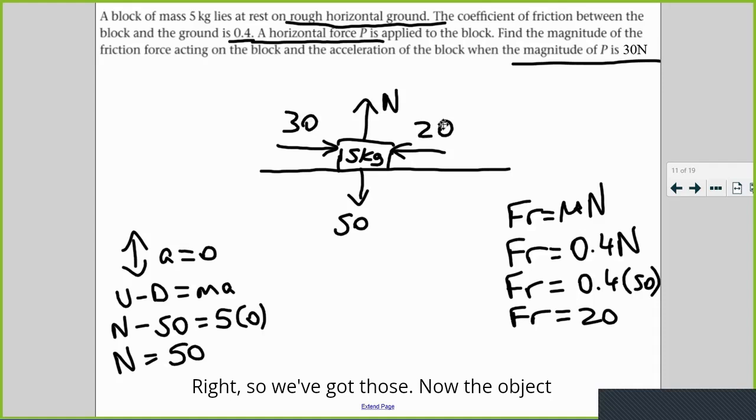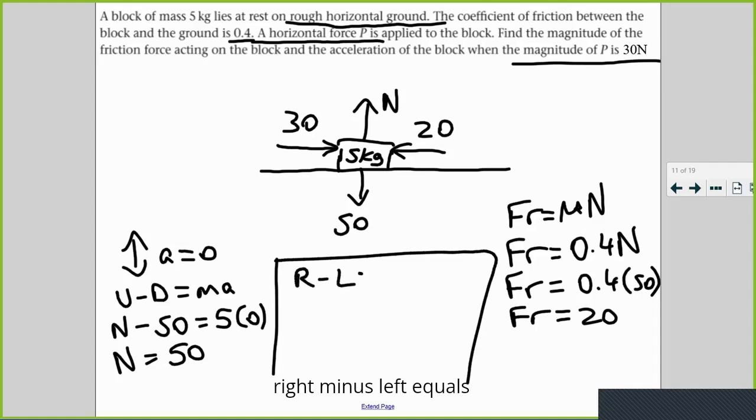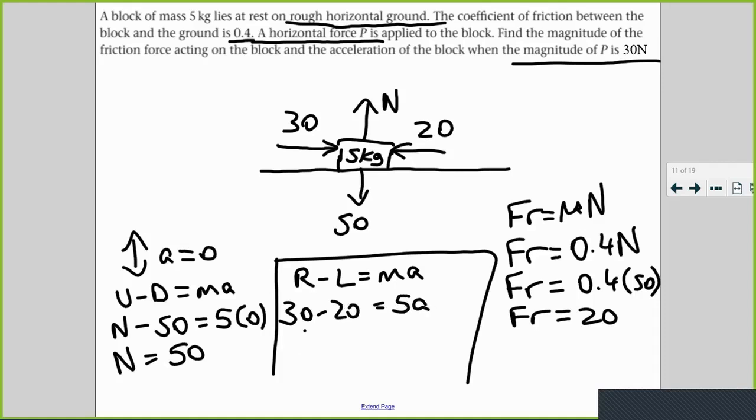So we've got those. Now the object will be moving to the right, okay, because 30 is going to the right. So right minus left equals MA. 30 minus 20 equals 5A.